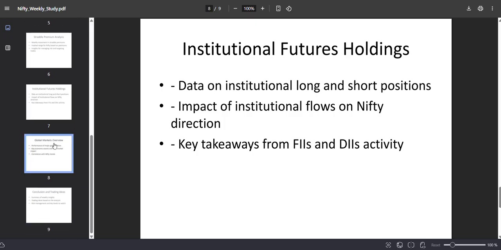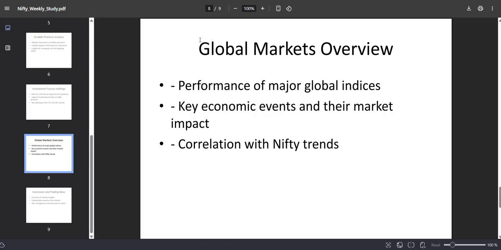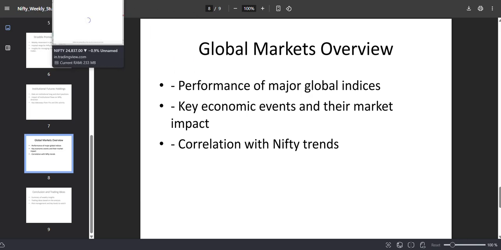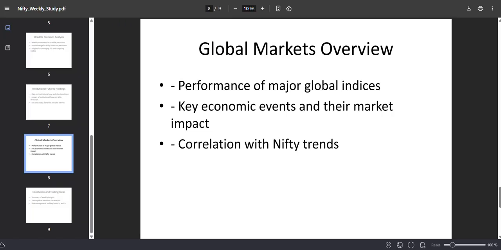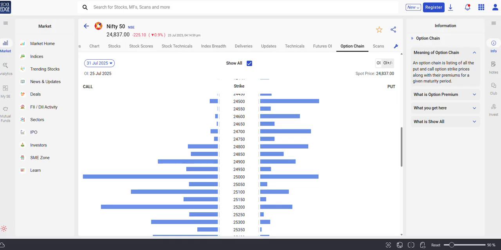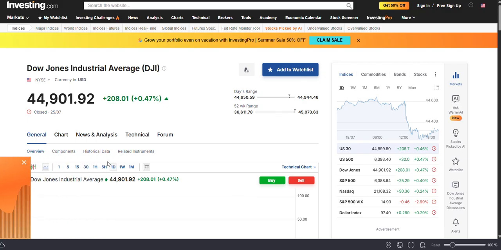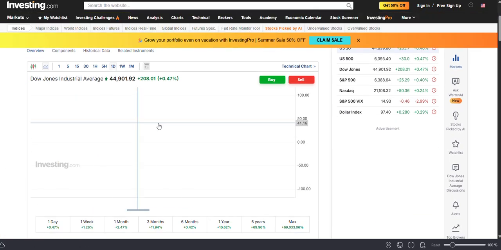Next we will look at the global market overview. If you look at the global market as of now, it is also consolidating at all-time high.